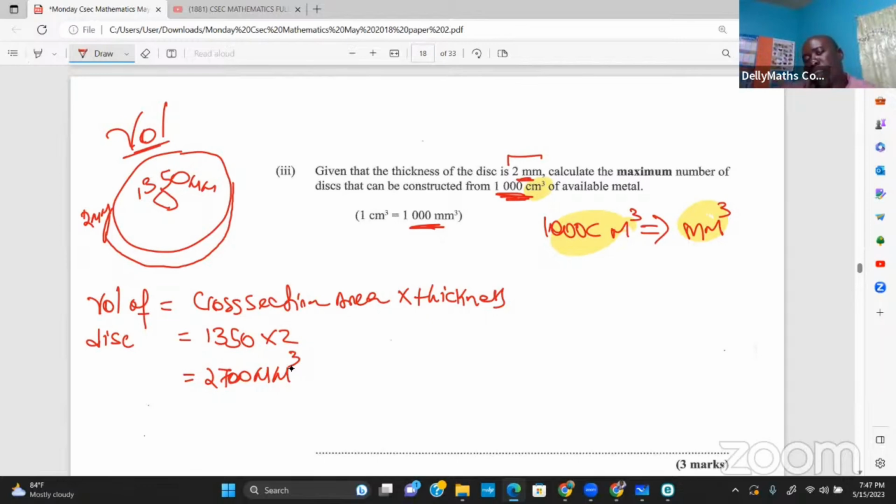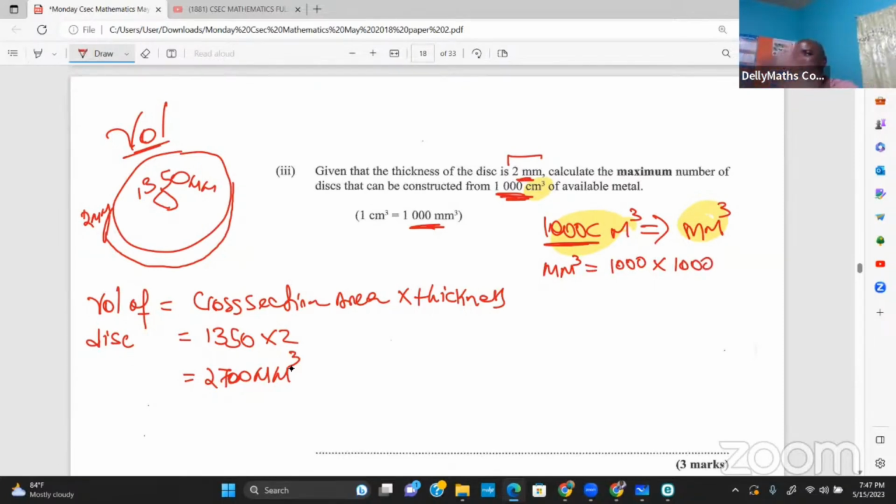Now, I'm going to have to change this 1,000 centimeter cube to millimeter cube. You were told that it takes 1,000 to make 1. Therefore, I'm going to have to multiply 1,000 times 1,000, because for every 1,000, it's 1.